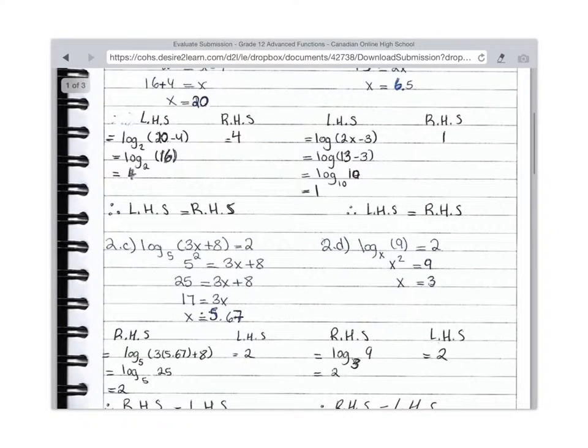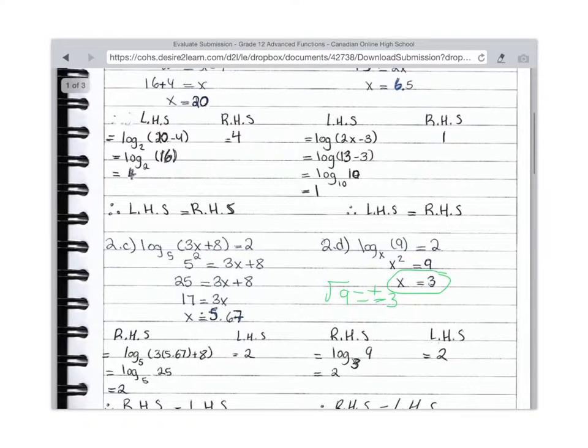One of those things I wanted to talk about was for a question like 2D, where you're solving for x by taking the square root of both sides. When you do that, the square root of 9 is actually plus or minus 3.